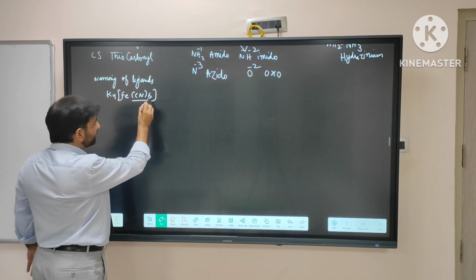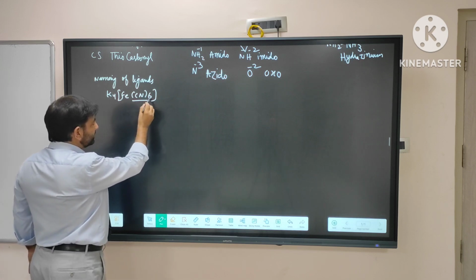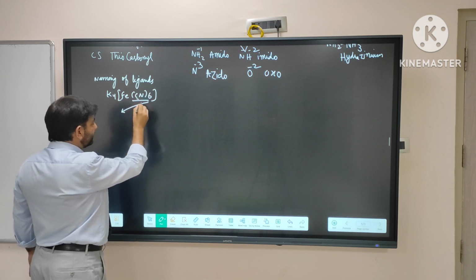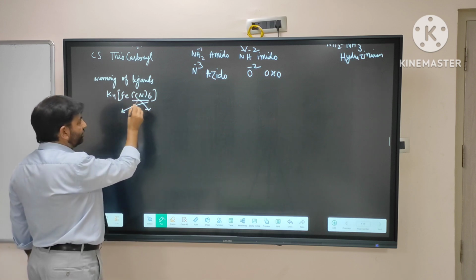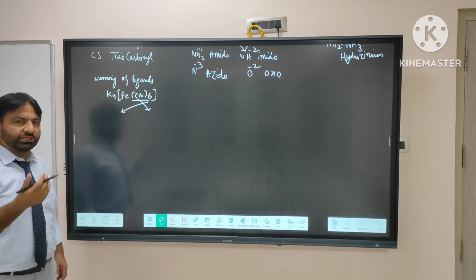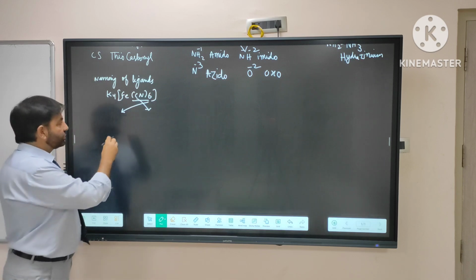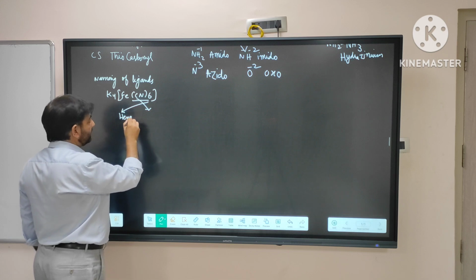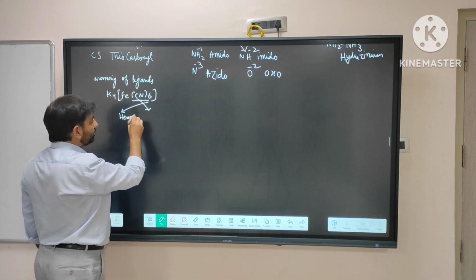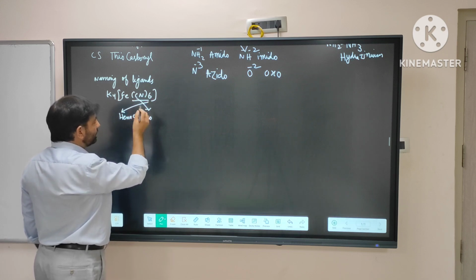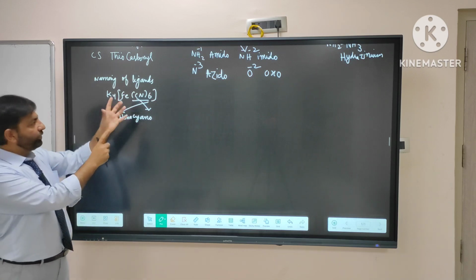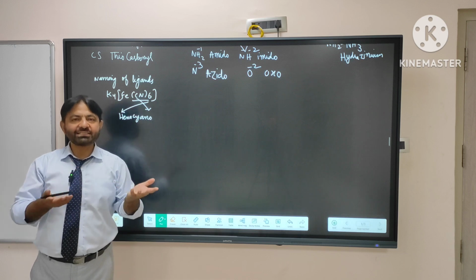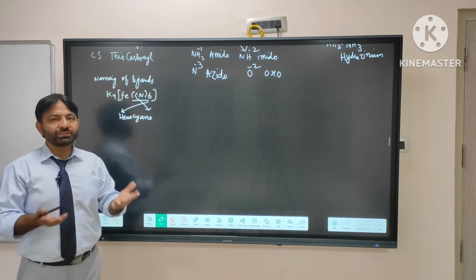The number it is carrying, this is the 6, I will bring it first. Then the ligand would be second. Instead of 6, we write hexa, then we have cyano. Hexacyano. So this is the way we name. We first give the name to the number, whether it is tetra, hexa, whatever it is, and then we give the name to the ligand.